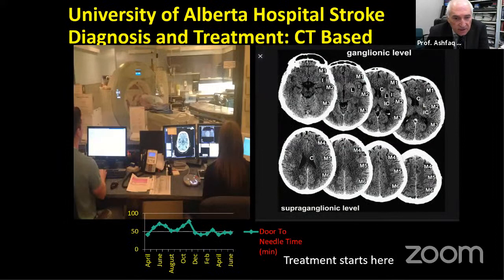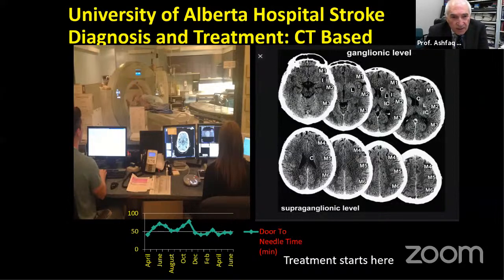So here's our emergency department. Here's our scanner. We will examine them, make sure that their CT scan looks healthy. We always keep track of our total needle times. So this currently is sitting at 39 minutes. Our most recent ones available are from July of this year. So keep track of how fast you treat these patients.